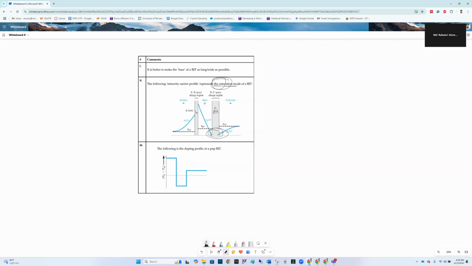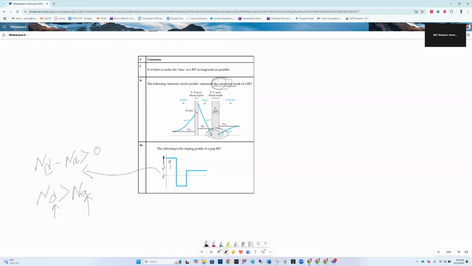Okay, now let's move to the third statement here. The following is the doping profile of a PNP BJT. In the y-axis we have Nd minus Na. For the first region, Nd minus Na is positive, so Nd is greater than Na. Nd is the donor concentration and Na is the acceptor concentration.